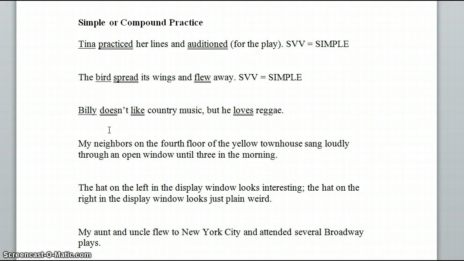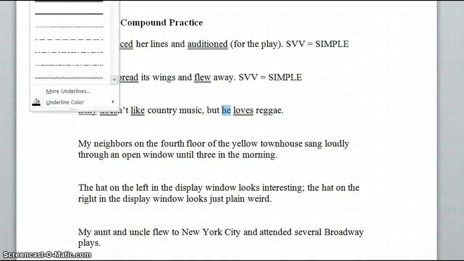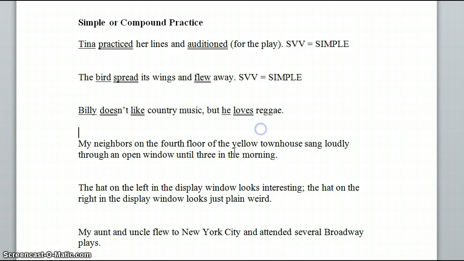There we go. And then we keep going. Here's a second verb, loves. Who loves reggae? In this case, right in front of the verb, right here in this slot, we have a pronoun he. A personal pronoun, he, can be a subject. So we do have a subject.